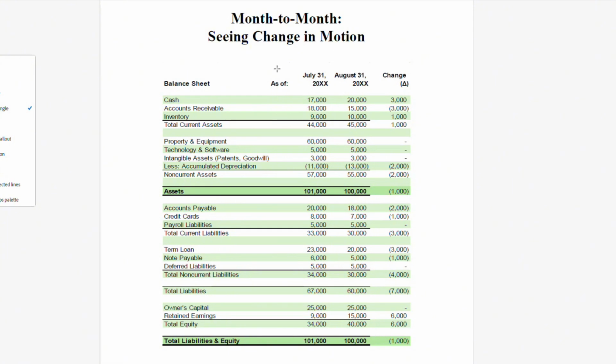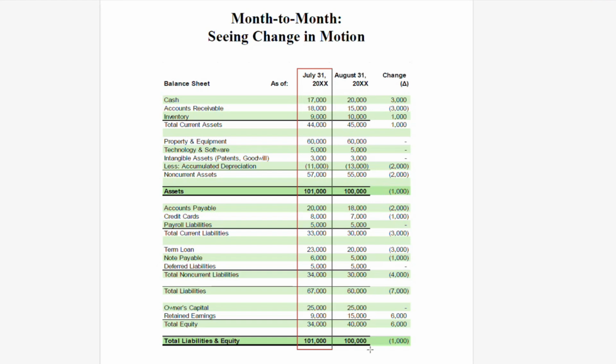The reason all these dates are important is that way you know what point in time these numbers pertain to. All of these numbers here relate to July 31st.